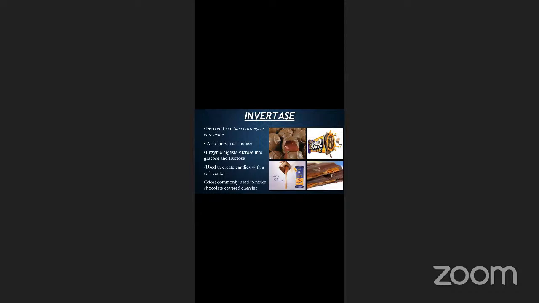So this sucrase will digest sucrose to give glucose and fructose. This is mostly useful in candy preparation, like chocolates, and most commonly used in chocolate covered cherries. Those are some specific brands in which they will use this enzyme.